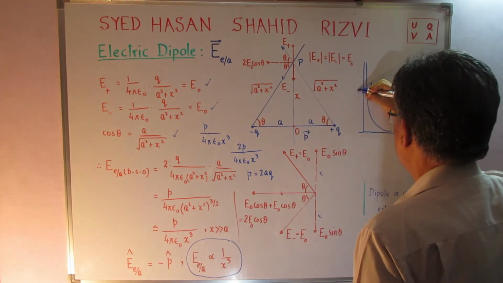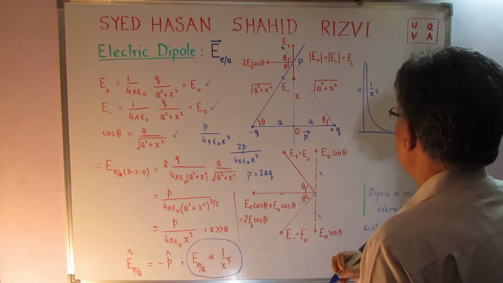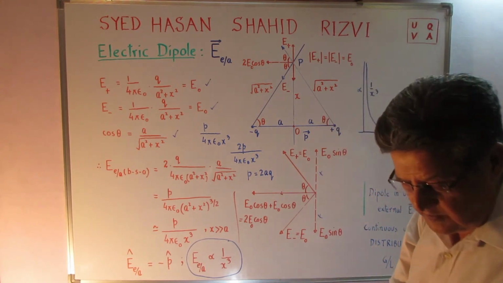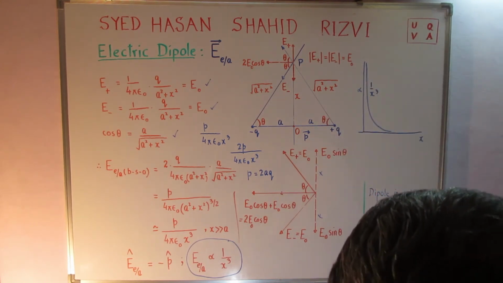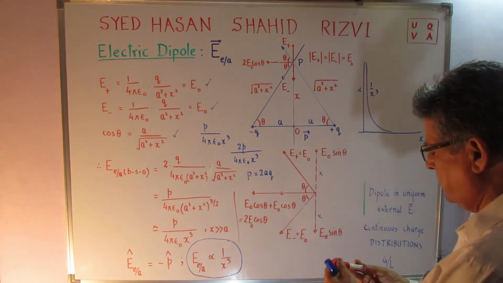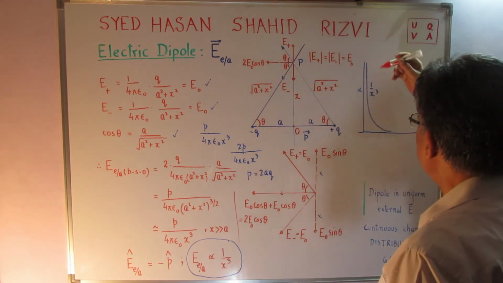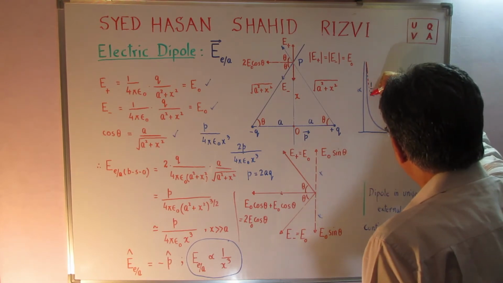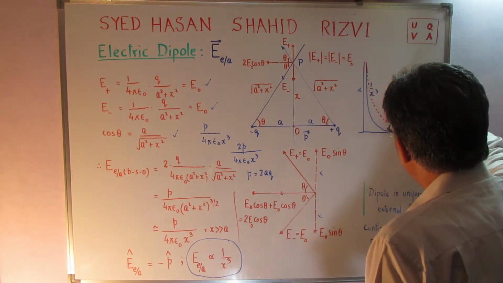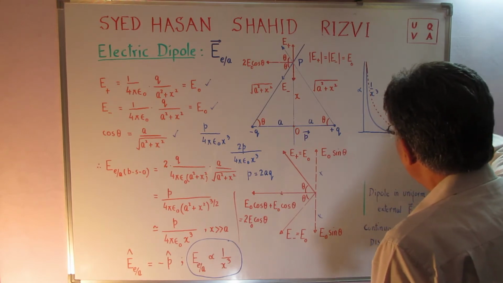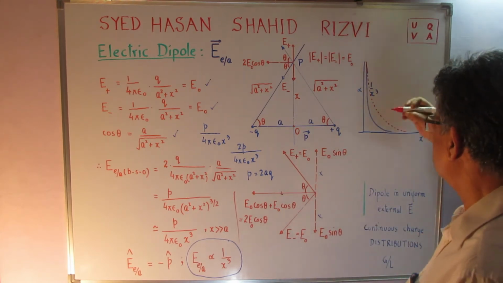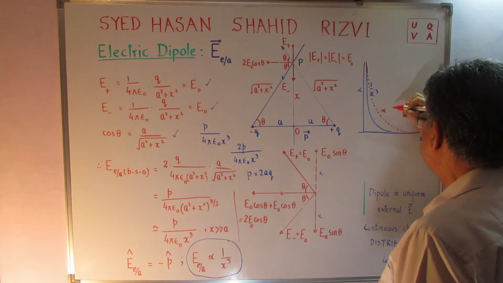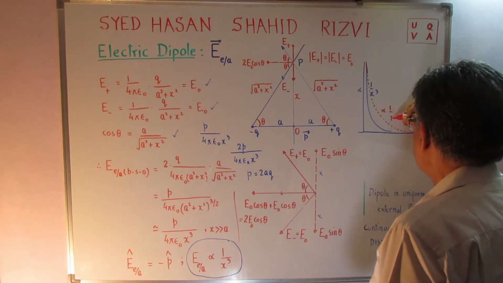Okay, this is proportional to 1 upon x cubed. If I try to draw a similar thing for 1 upon x square, then I get something like this, which is proportional to 1 upon x square.